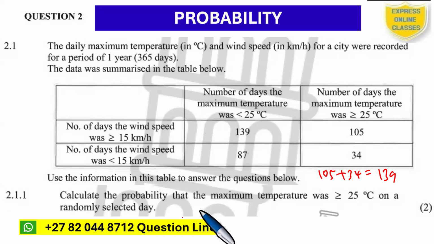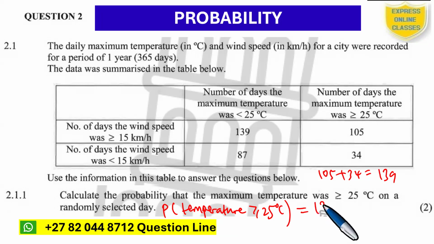So the probability here means you're going to find the probability of temperature at least 25 degrees, which is 139 divided by the total period, 365 days.